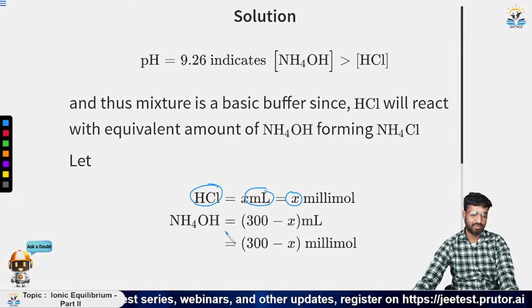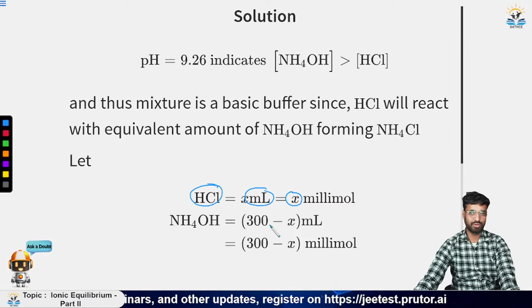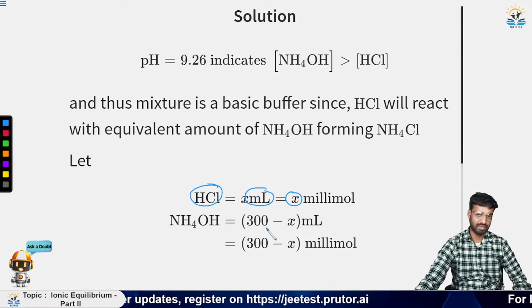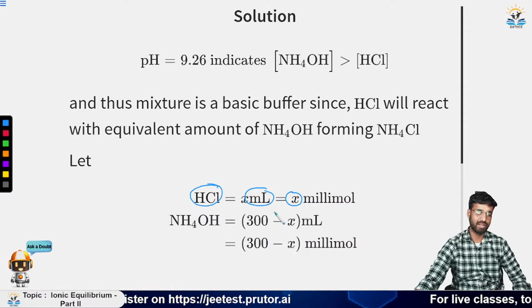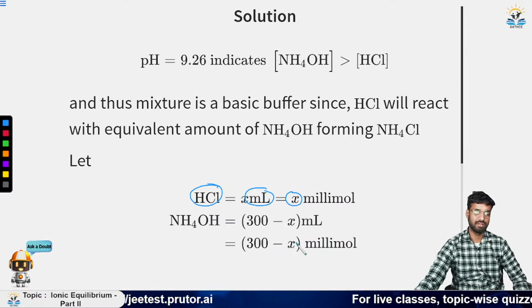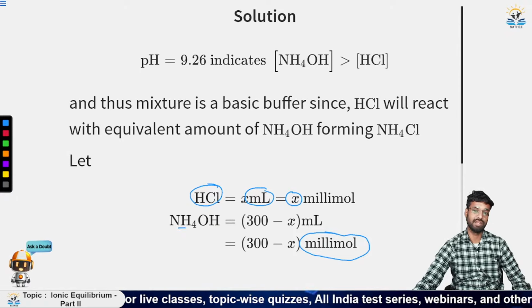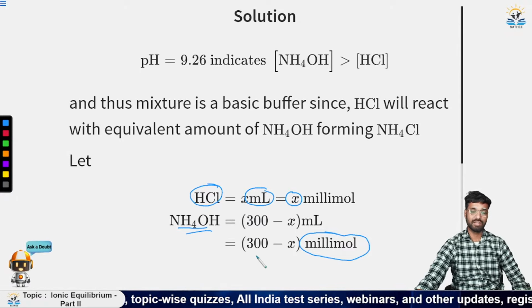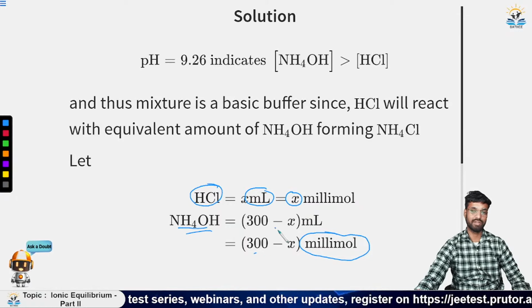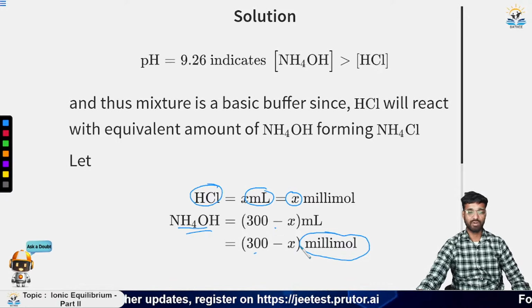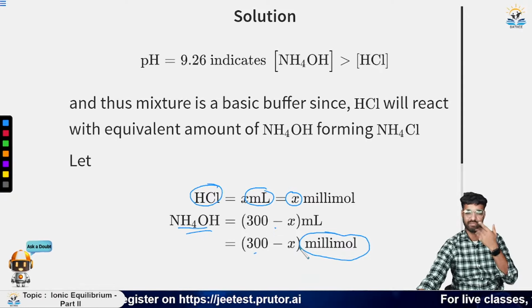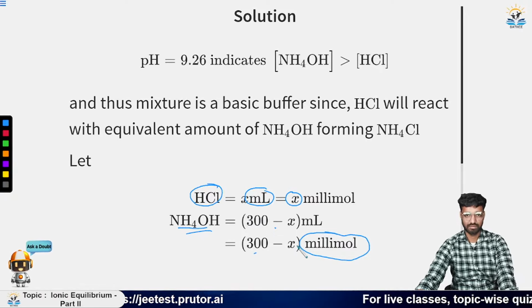Now what will be the amount of NH4OH that we will have? If the total volume is 300, then the volume of NH4OH will be 300 minus x, that is minus the volume of HCl, and that much millimole of NH4OH we will have. Why are we not considering the volume here? We can write the volume also, because to convert this ml into millimole we have to multiply by something. But we are not doing it, because we already know that V1 is the same, so do not get confused with it.